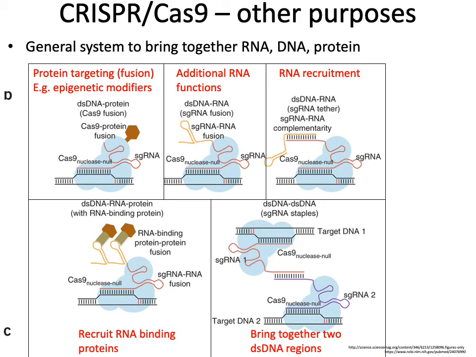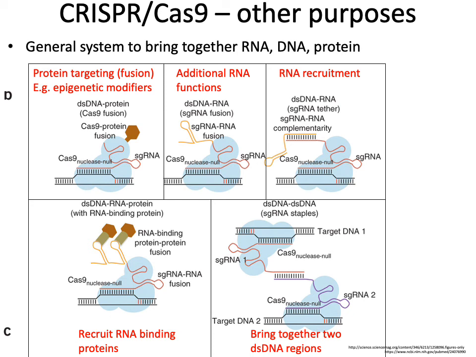There's a ton of different things you can also do with CRISPR-Cas9, and here are just a few other examples. For example, you can modify your guide RNA such that not only does it have a protospacer for recognizing and guiding Cas9 to a particular site, but you can add on a piece of RNA that will be complementary to some other RNA.